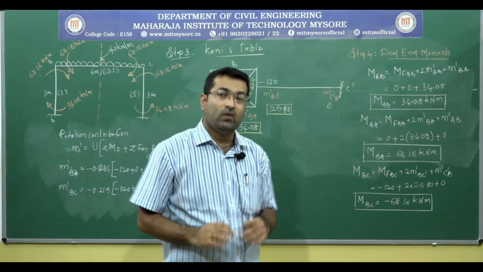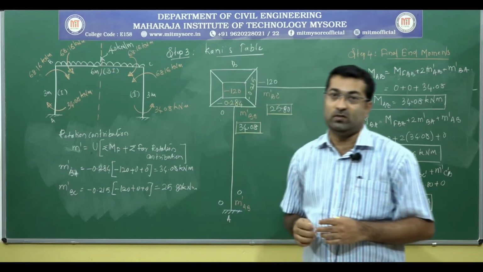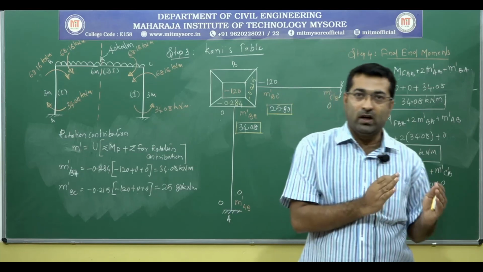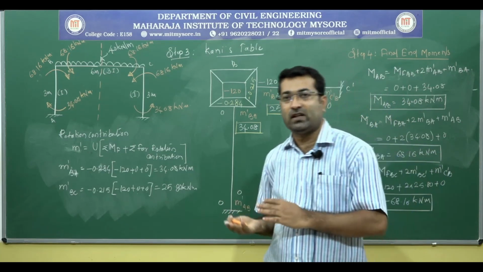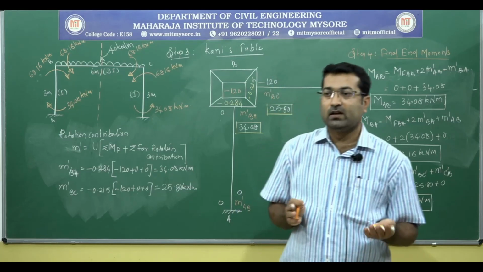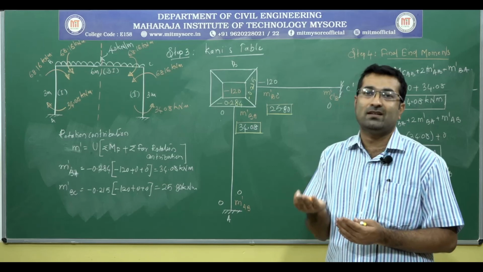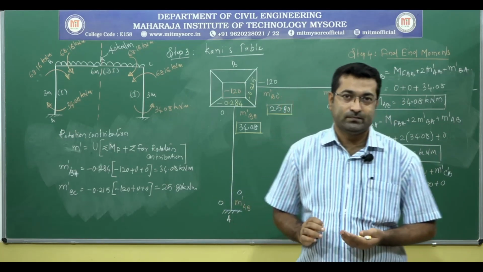This is how we need to mirror the final end moments for the other half of the frame. Calculate for one half of the frame, either the left half or the right half. For the next half, you need to just mirror them, that is, represent the same magnitude but opposite directions.